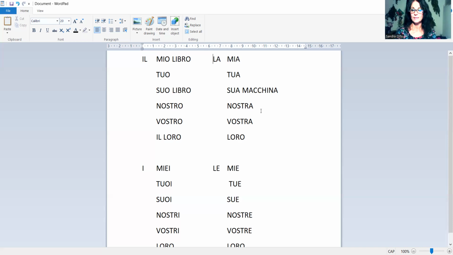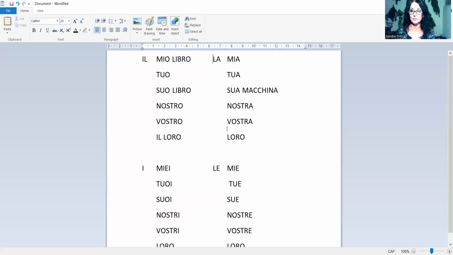It is exactly the same. Just to make things clear, this is my, your, his, her, our, your plural, and their. So the translation is exactly the same for the four groups. So far, keep in mind, we need the definite article in front of the possessives, unlike in English, where you don't have an article.